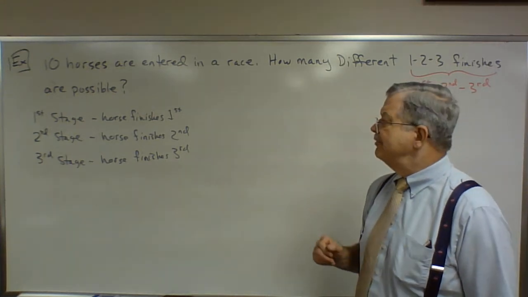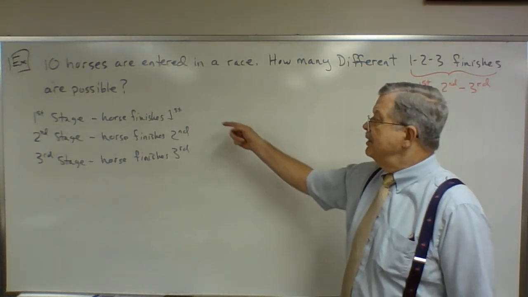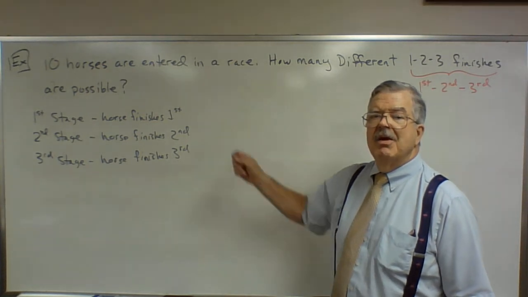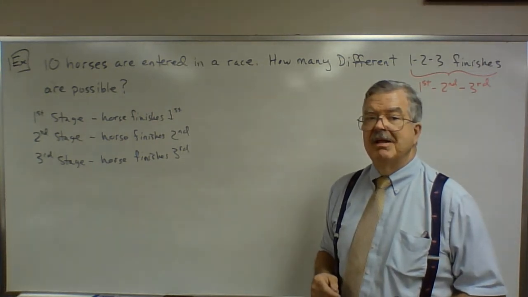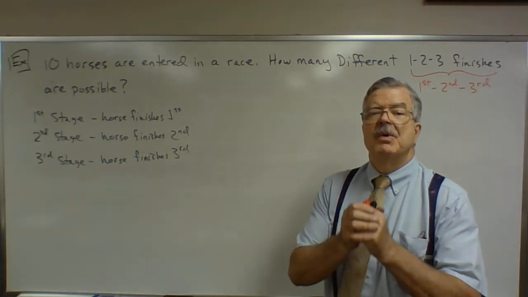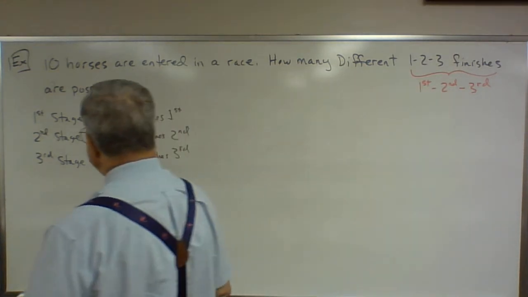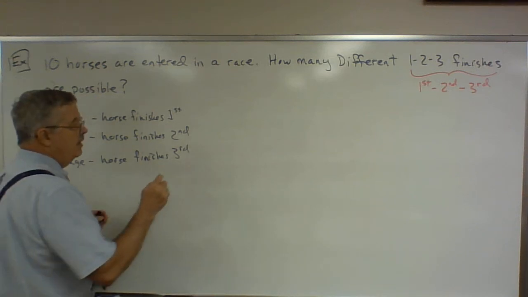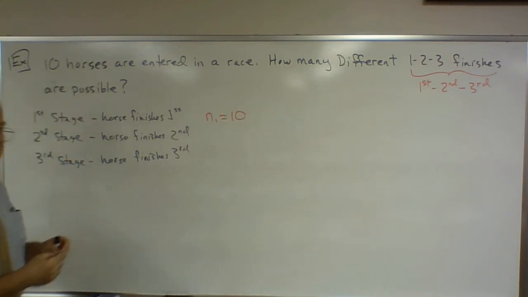And since a horse can't finish both first and second, when we select a horse to finish first, we take that horse and we put it in our pocket, so to speak. The horses are being selected without replacement. Stage one, the horse finishes first. There are 10 different ways that this can happen. Any of those 10 horses can finish first.